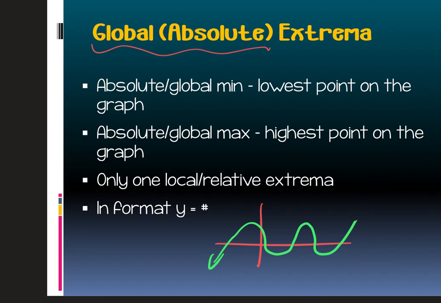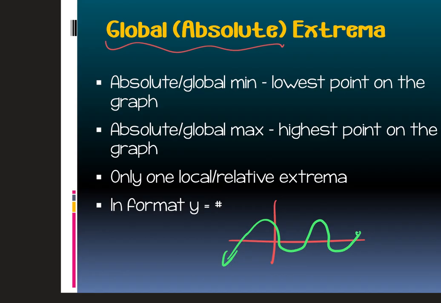Now, if I stop this here, whether it's a domain restriction or it's physically stopped by the graph, then I would look for the highest point, which would be here. And that would be your global max. It's just a smidge higher, but it's definitely higher. So that would be your global max, not the other one. Global is absolute.